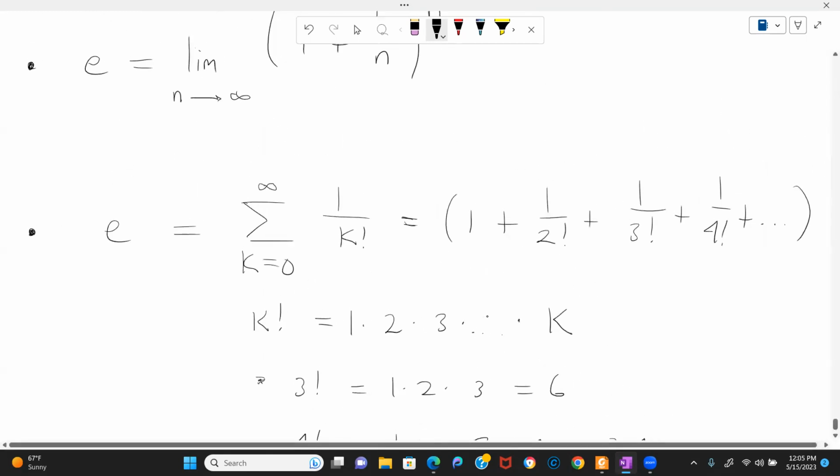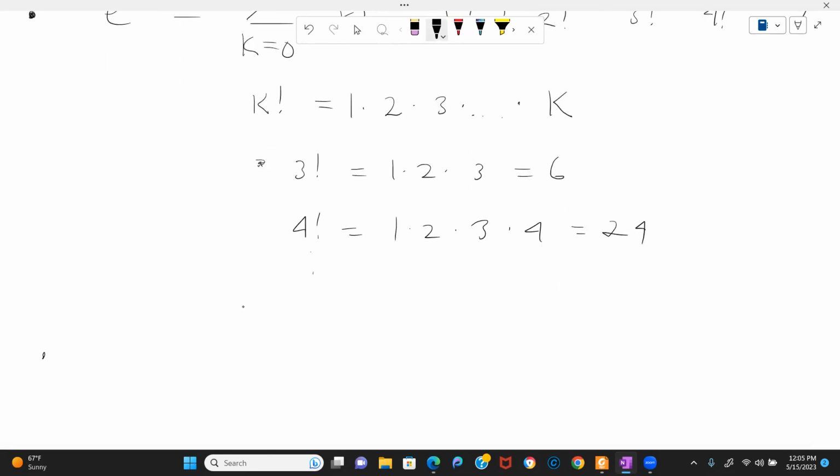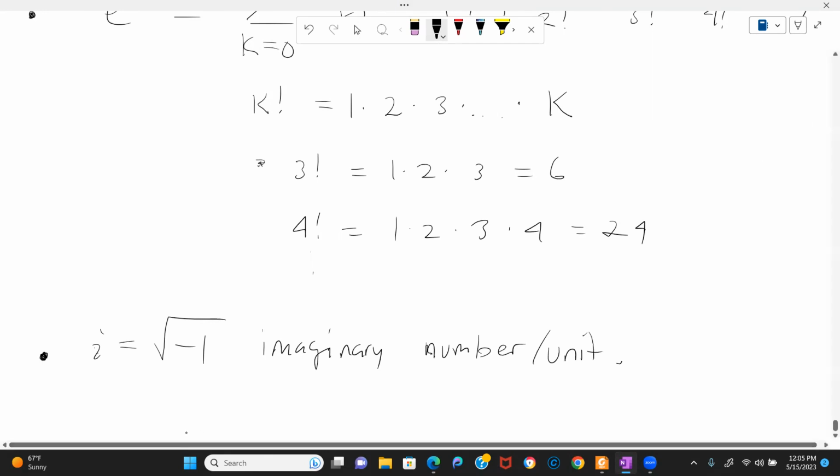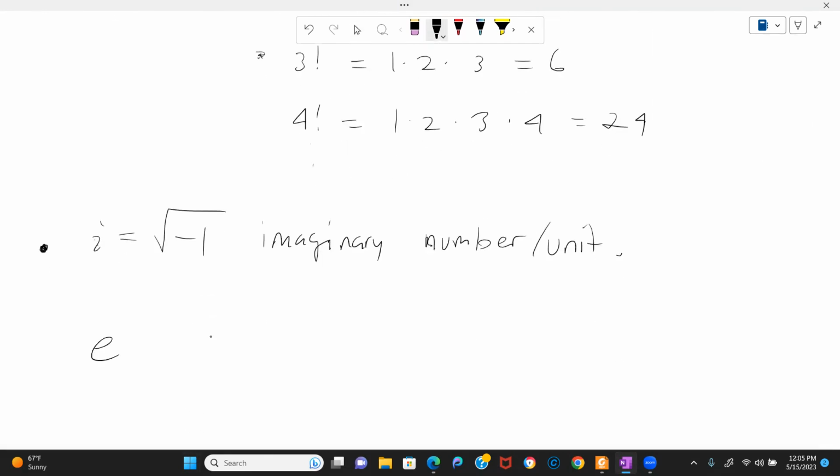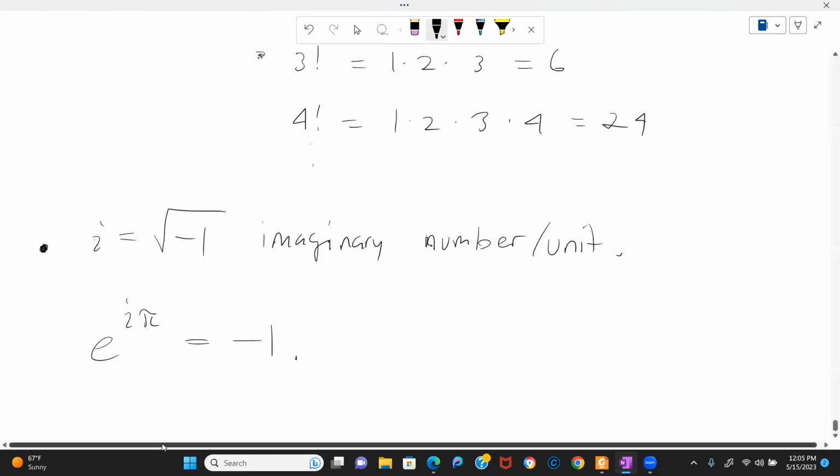So there are a lot of different ways e appears. And then another one that I like, now we're not going to talk about complex variables very much in this course, but I think most of us know that i is this imaginary unit. It's the square root of -1. And e has this unusual property that when you take e to the i times pi, you actually get -1.